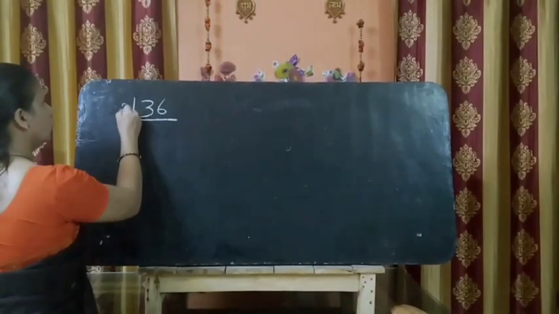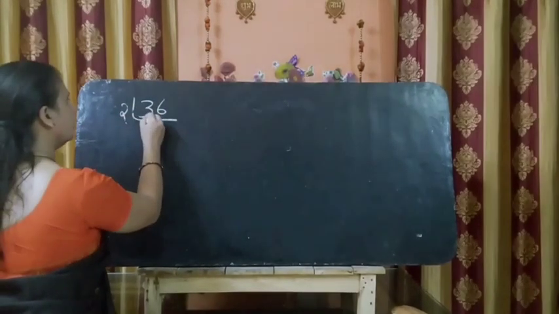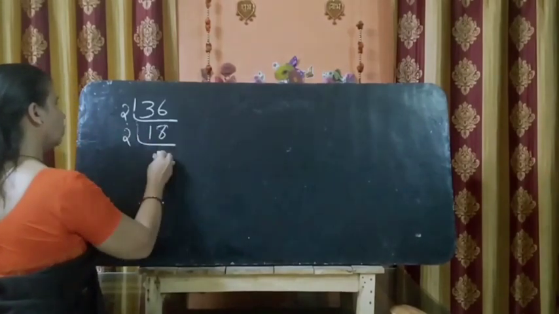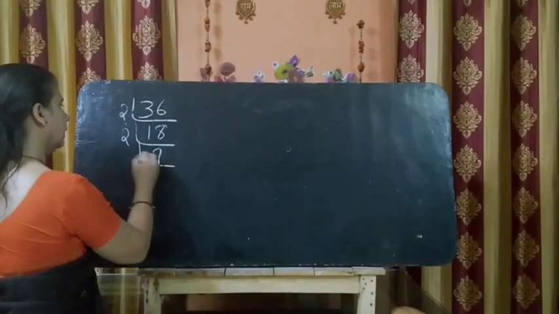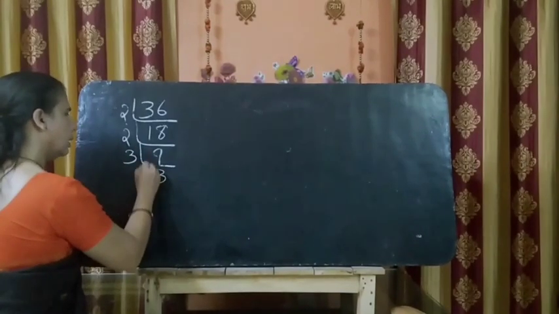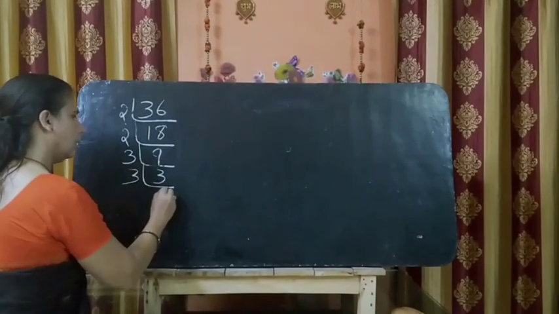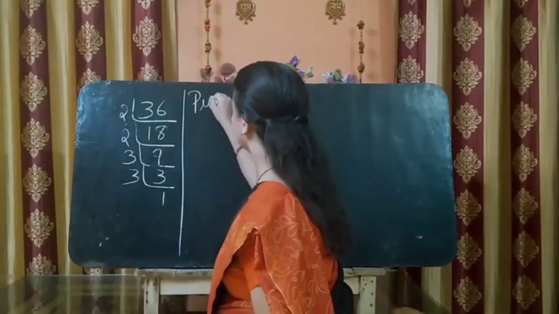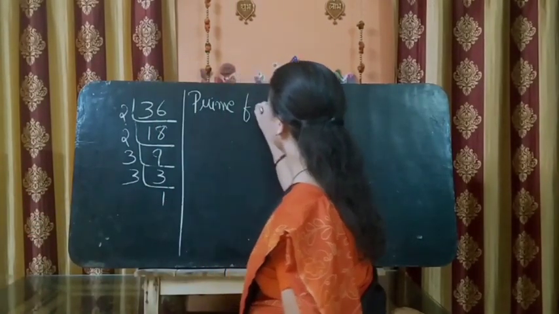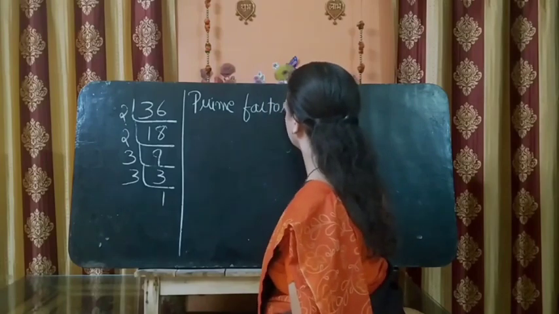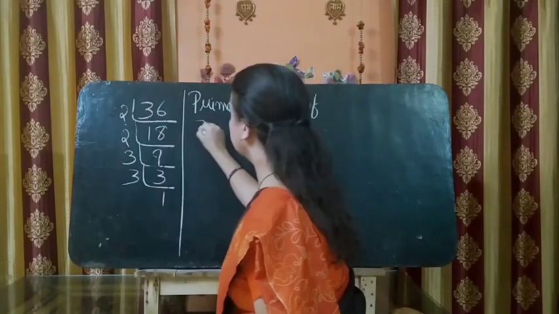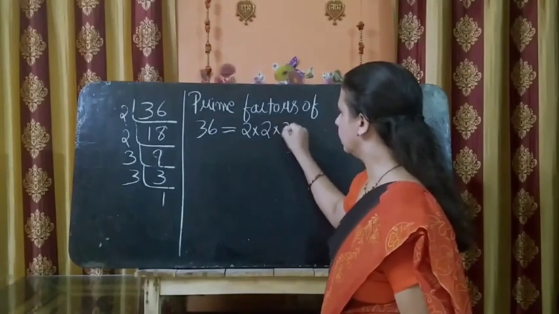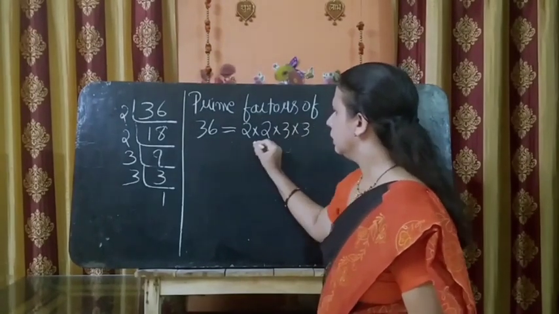Factor is 2; 2 2s are 4... number will become 16, 8 2s are 16; factor is 2, 9 2s are 18; 3 3s are 9, factor is 3, 1. Then prime factors of 36 equals 2 into 2 into 3 into 3.